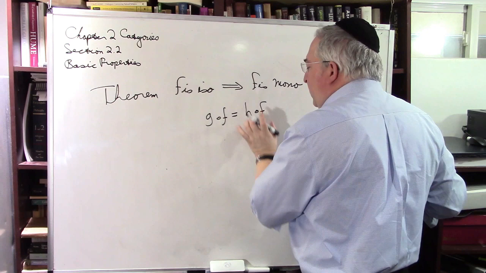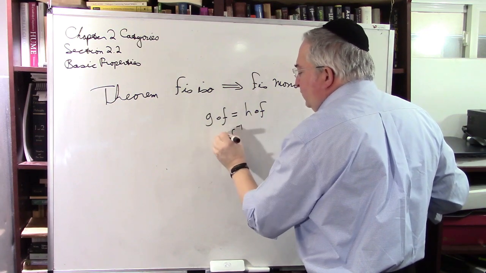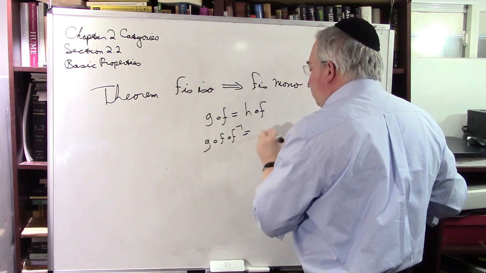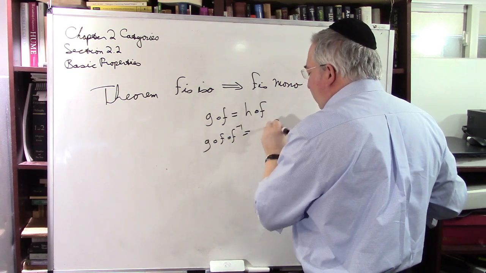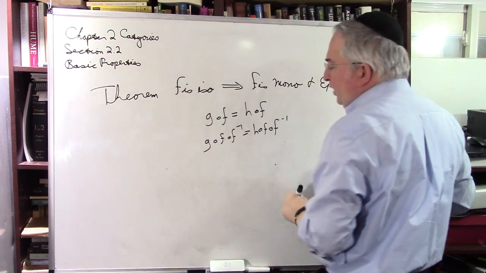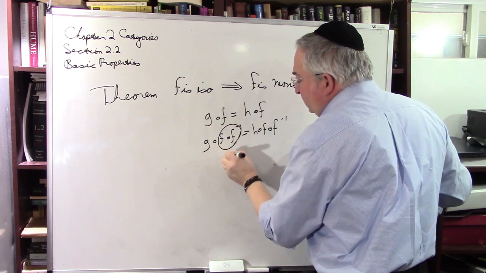Here's a map. Here's a map. We can compose with F inverse, and we get F inverse composed with F composed with G. We can compose on this side too. We get F inverse composed with F composed with H. Now we have a special name for F inverse composed with F. We call that the identity.